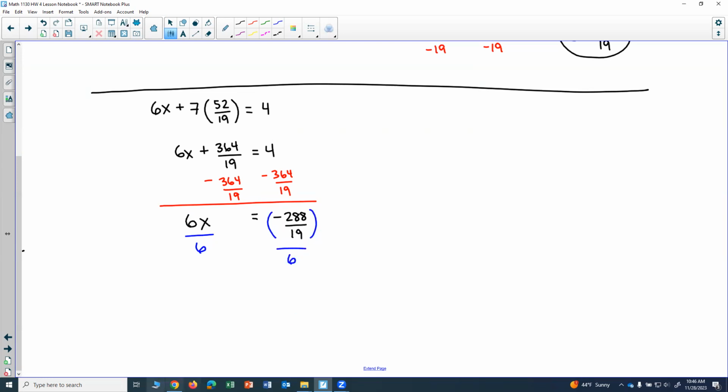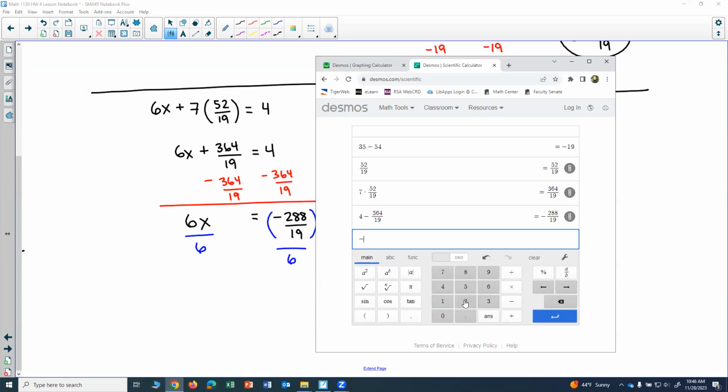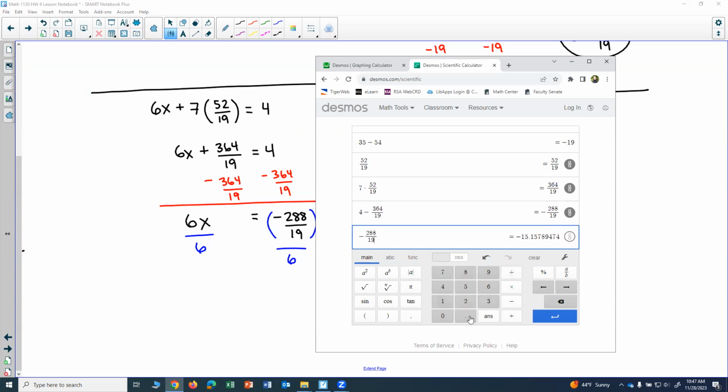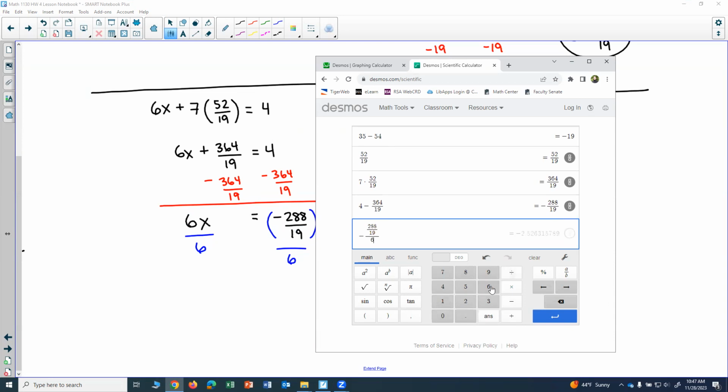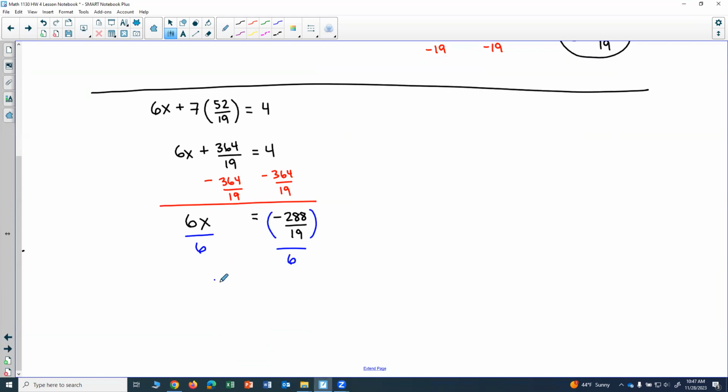So I'll just do that in the calculator. So I'm going to take my negative 288 over 19 and I'll divide that by 6 and go ahead and get a fraction. So negative 48 over 19 will be my answer for x. So x equals negative 48 over 19.